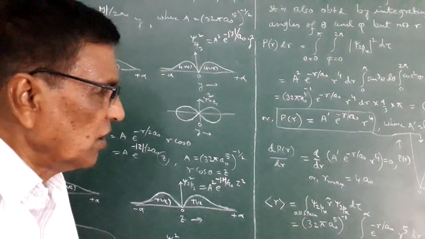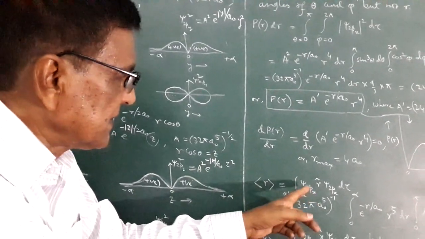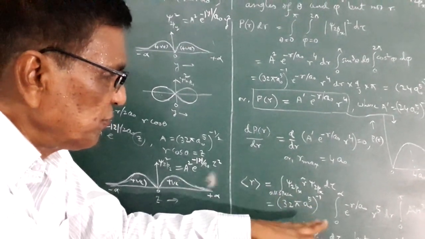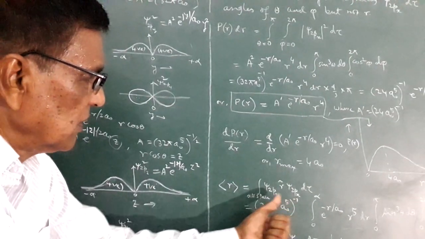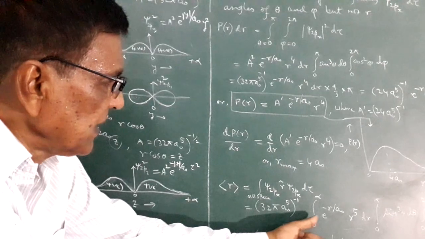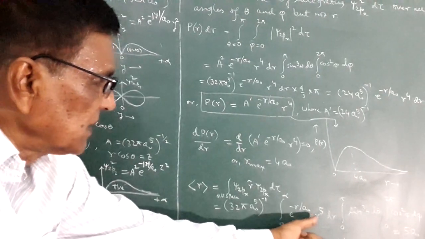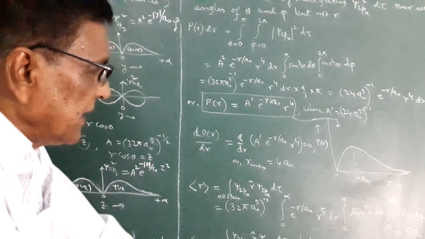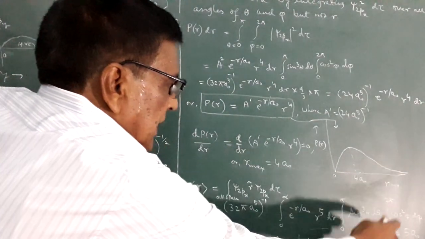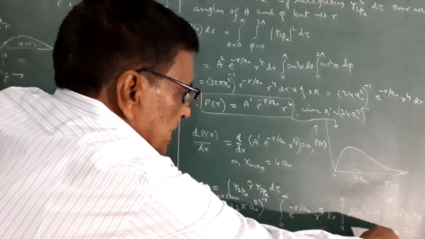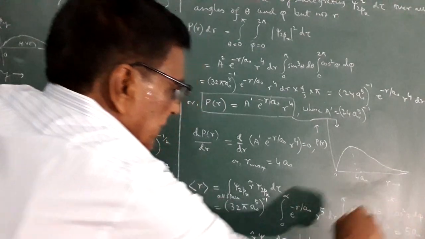Again d tau we all know is r square dr sin theta d theta d phi, and psi 2px, when we put it here, gives 32 pi a naught to the power 5 whole to the power minus 1, then the integral from 0 to infinity of e to the power minus r by a naught r to the power 5 dr, then 0 to pi sin cube theta d theta, and 0 to 2 pi cos square phi d phi.